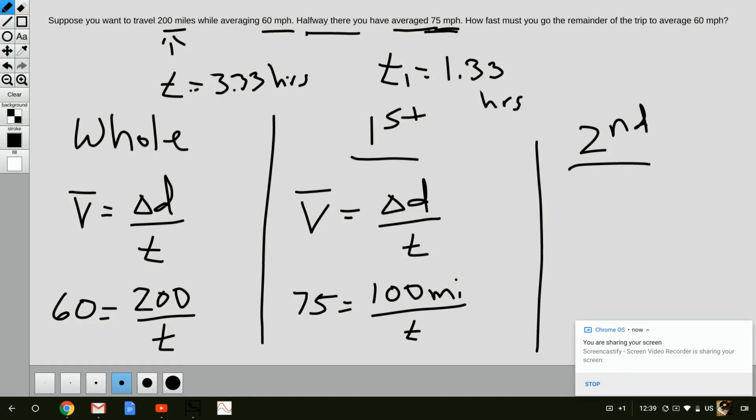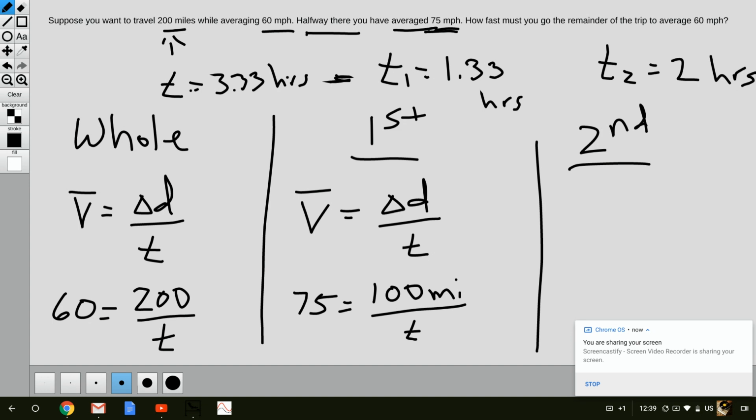All right. So what that means for the second half of the trip is that I now can figure out how much time I have left in my time budget. I have 3.33 hours in my total budget. I have used 1.33 hours out of that budget. So a simple subtraction will tell me I have 2 hours left.